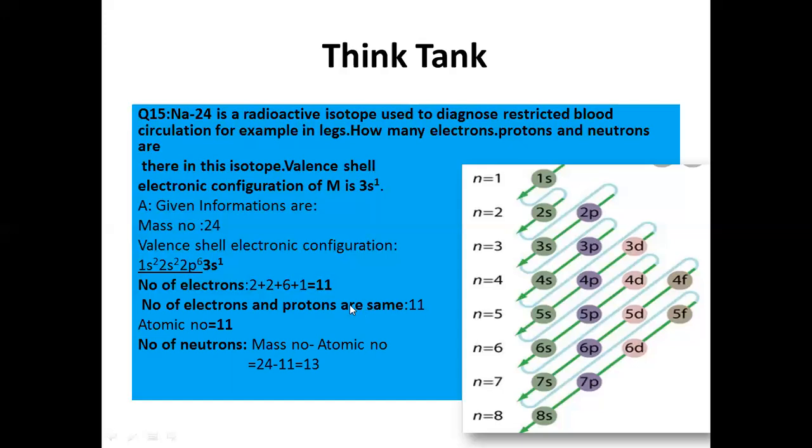And the number of protons tells us the atomic number, because atomic number means the number of protons present in the nucleus of an atom. Then the number of neutrons we will find out by using the formula mass number minus atomic number. Mass number is 24, atomic number is 11. So the answer is 13.